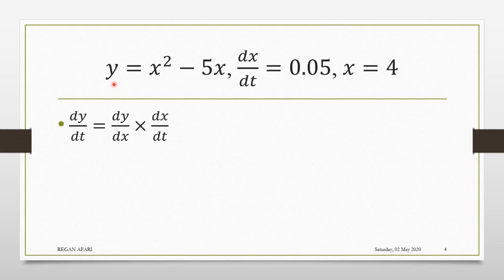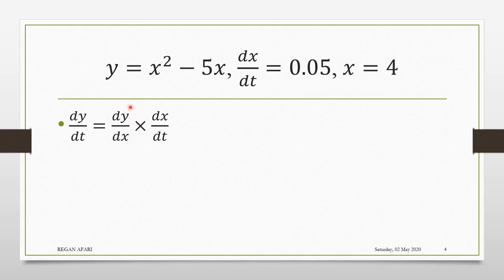It is because y is given in terms of x. So when I differentiate y with respect to x, I have dy/dx. That is why dx comes here. So as soon as you write dx here, put dx there. We know dx/dt is 0.05, but what we don't know is dy/dx.